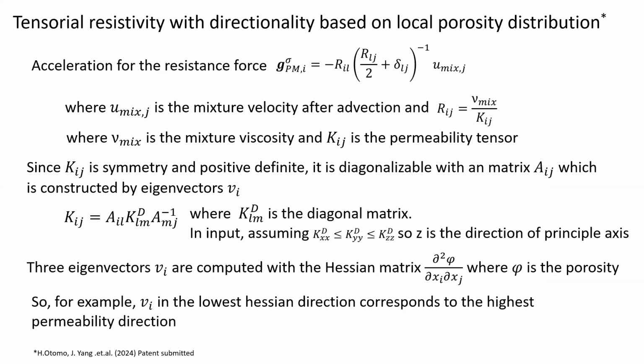What we did is, using the local Hessian matrix of the local porosity, we compute the eigenvalues and eigenstates based on this matrix, and then based on those, we rotate the permeability to the proper direction, and then apply the resistivity based on this permeability. So that's our approach.